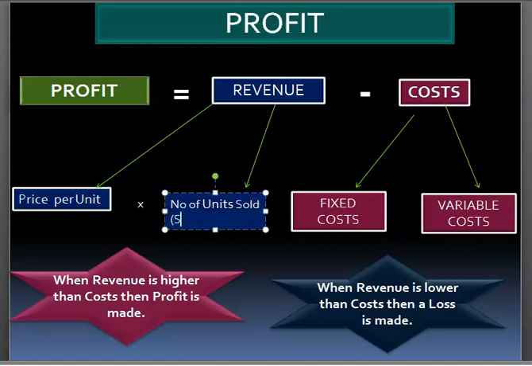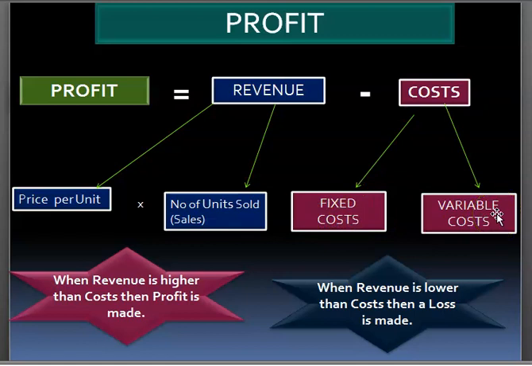They might just give you a sales figure, or they might just say number of units sold is blah blah blah. So revenue is price per unit times number of units sold, or sales. And you already know that cost is divided into two categories: fixed cost and variable cost.